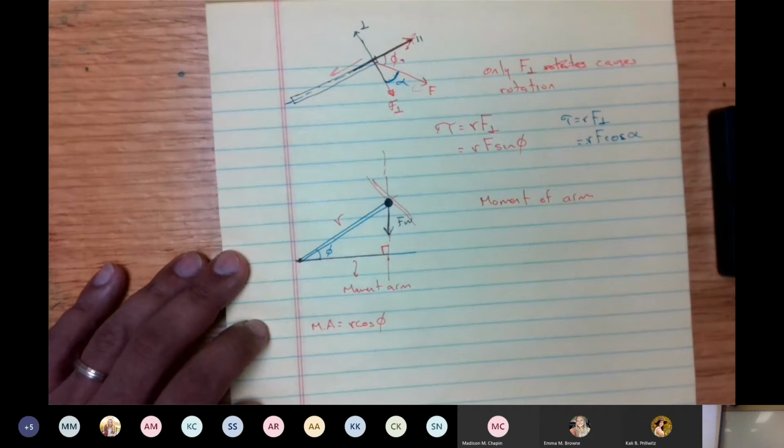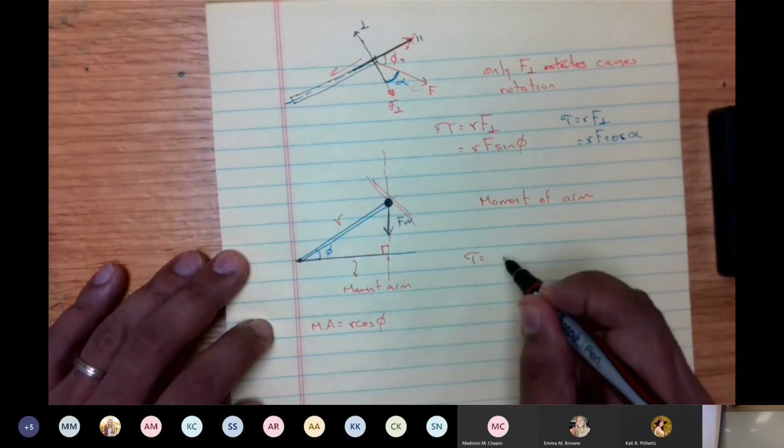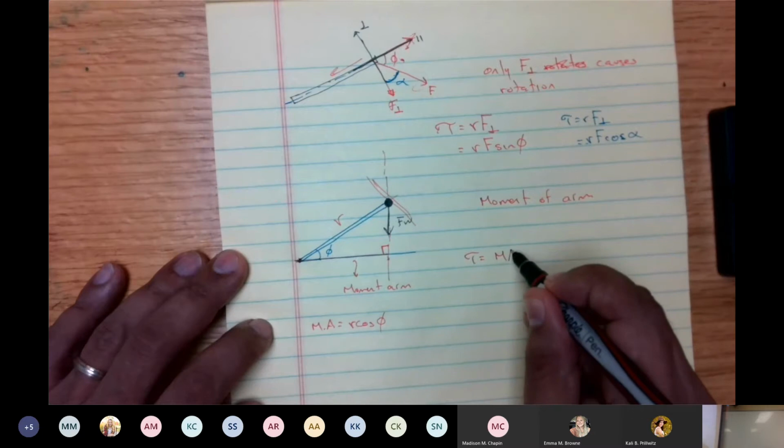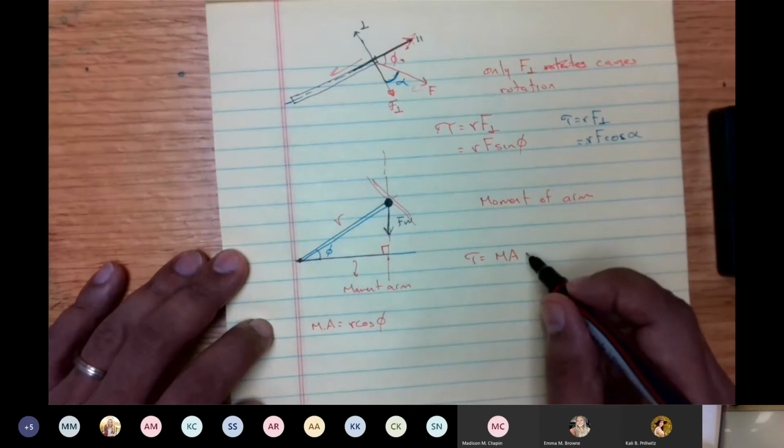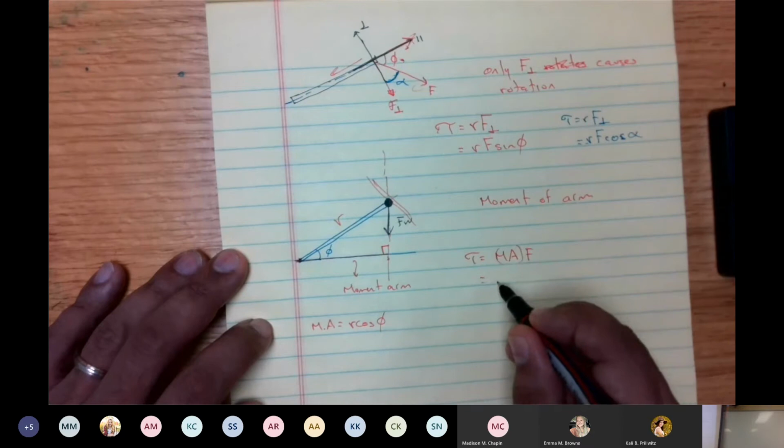And the way you calculate the torque is basically by MA times your force. And this will be R times the force cosine of phi.